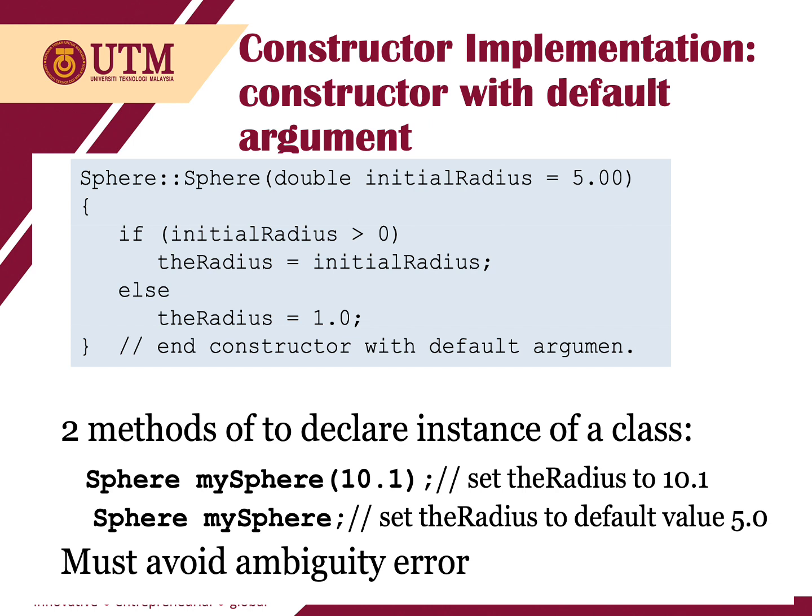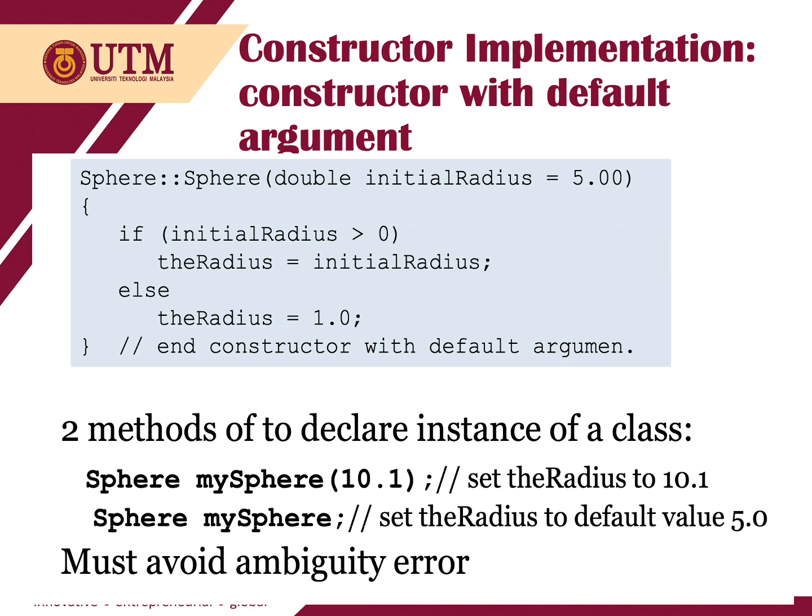So we have to avoid the ambiguity error. What we can do is discard one of the constructors, or change the constructor with default argument.